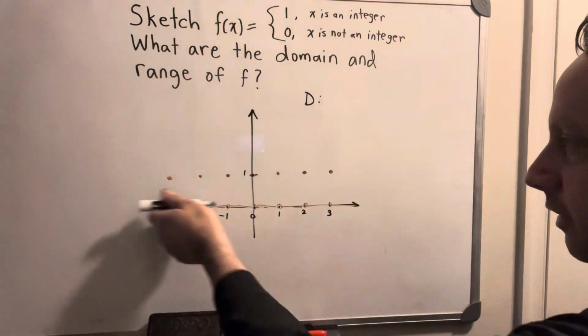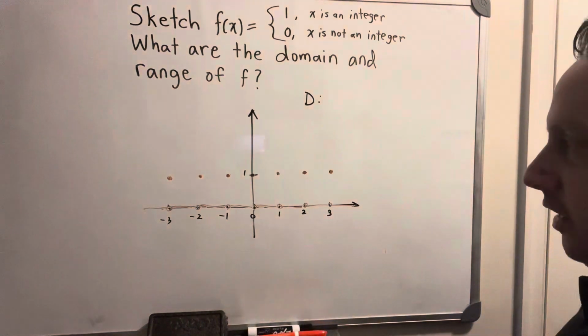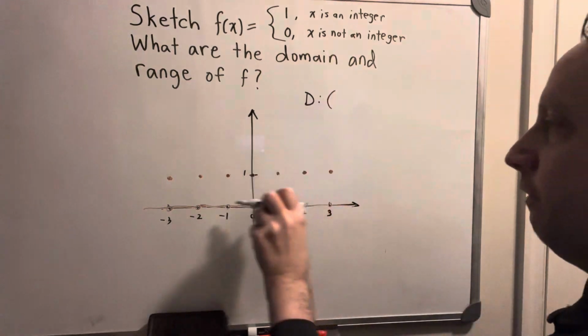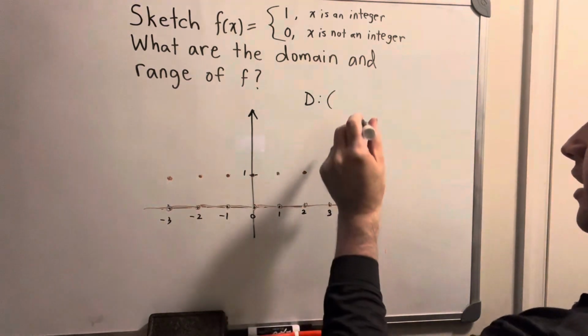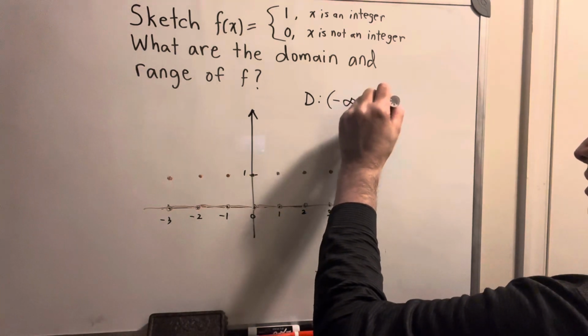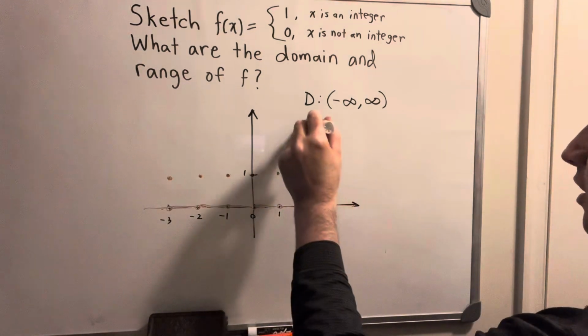Every value on the x-axis is either an integer or not an integer. So every value on the x-axis is defined. So the domain is from -infinity all the way to +infinity.